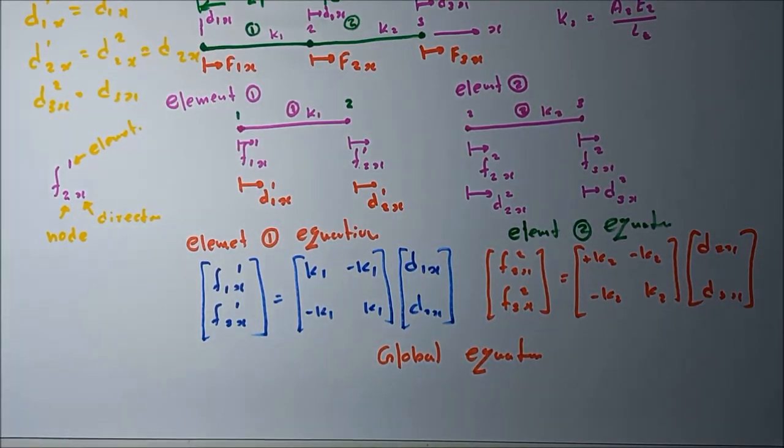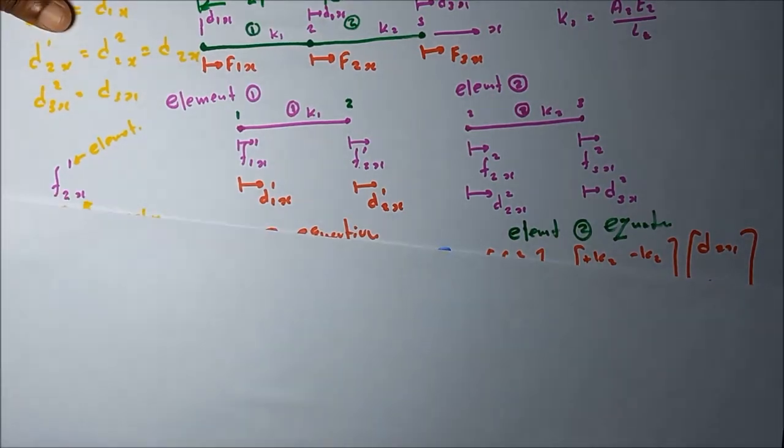There are various methods to assemble them. I am going to use the nodal equilibrium method. That means I am going to consider the equilibrium of the nodes to show this assembling process.